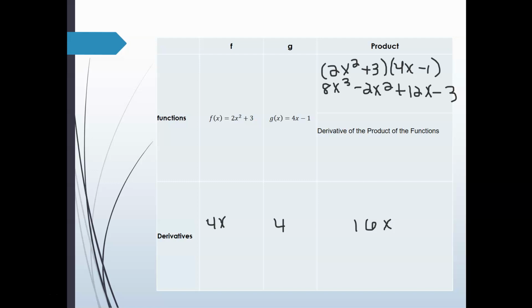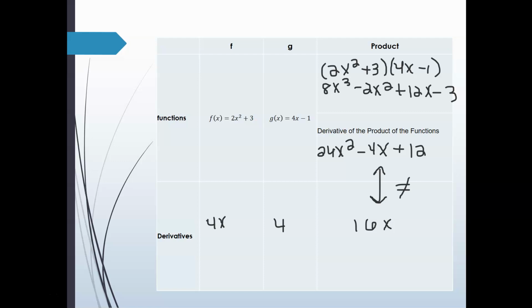That's the product of the originals, and then we find the derivative of that. The derivative of 8x cubed is 24x squared. Derivative of 2x squared is 4x. Derivative of 12x is 12. And derivative of negative 3 is 0. So is the derivative of the product of the functions the same as the product of the derivatives? No. Those two do not equal each other, right?